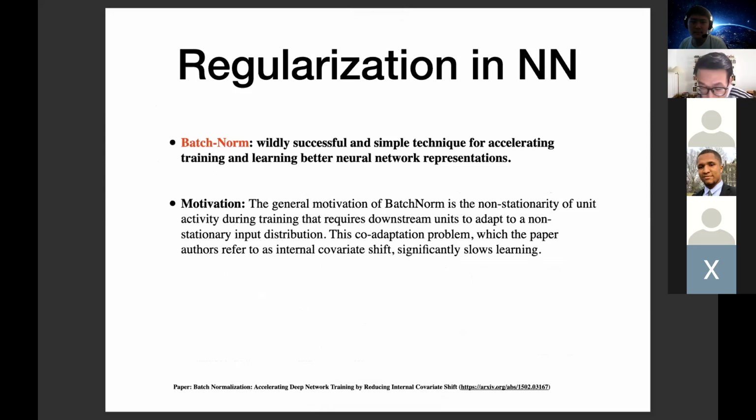Another regularization method is batch norm. I guess batch norm is also in your homework one part one. The motivation for batch norm is the non-stationarity of unit activity during training, which requires you to adapt to a stationary input distribution.